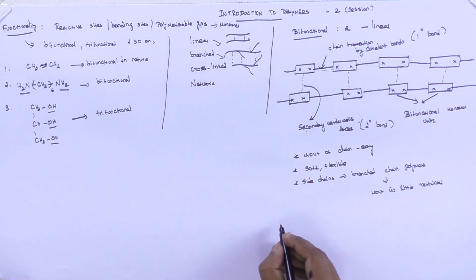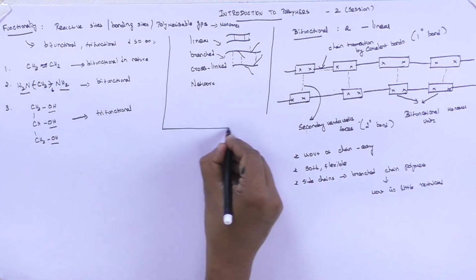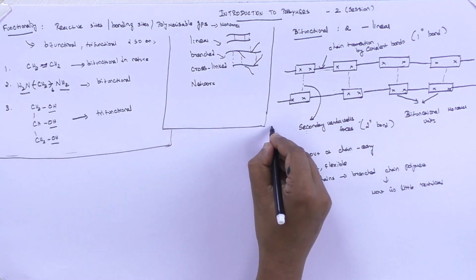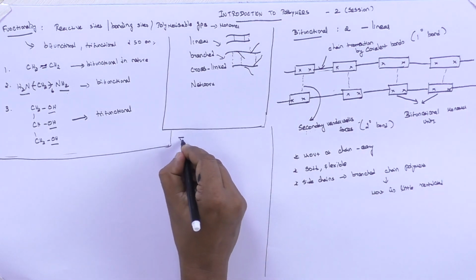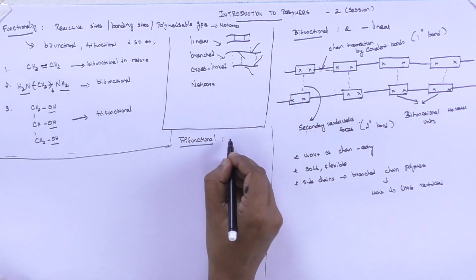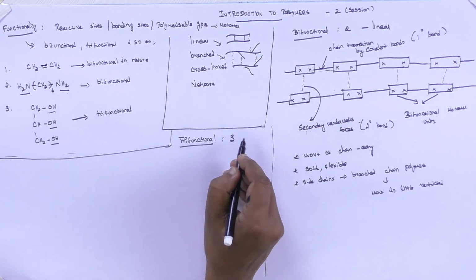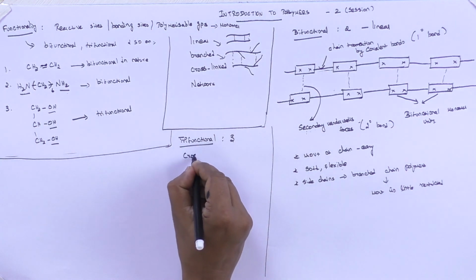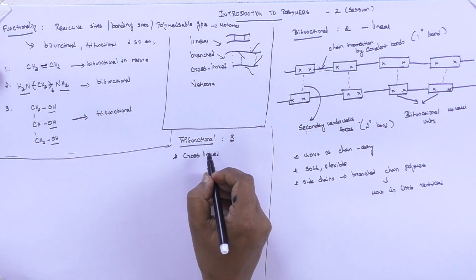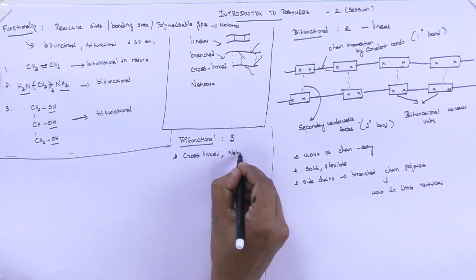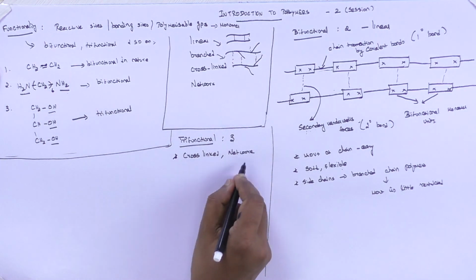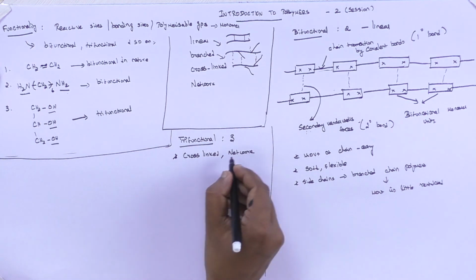And let us see what will happen in the case of trifunctional. If it is trifunctional or more, then you get cross-linked polymers. In the case of trifunctional, cross-linked or network polymers will be formed, and the strong covalent force will be between all these three.